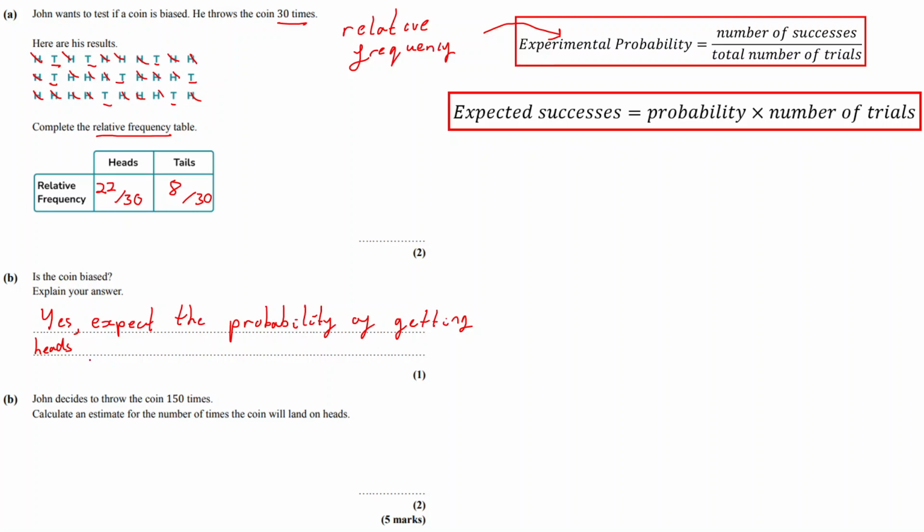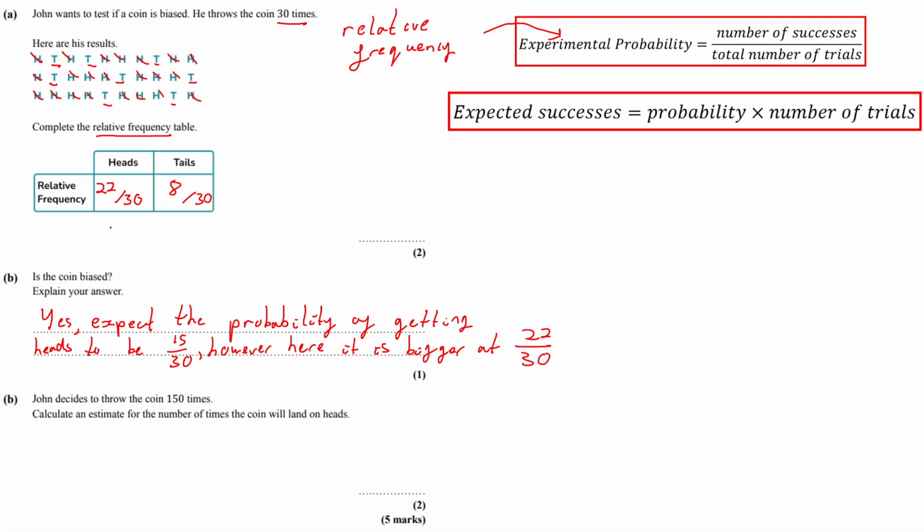We're supposed to be getting heads to be 15 over 30. However, here it is much bigger, at 22 over 30. Or you could say something like you would expect to get 15 heads, but we've got 22, which is bigger.